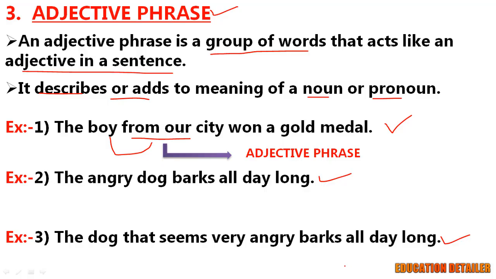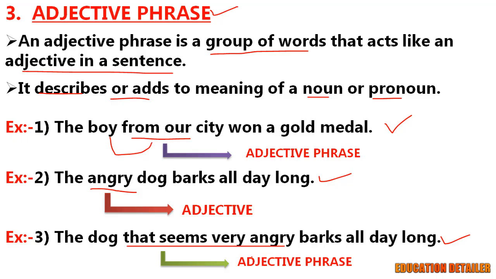Now, if you ask me what is the difference between these two sentences, the answer is that the meaning is the same in these two examples, but the first sentence has an adjective, angry, whereas the second sentence has an adjective phrase, that seems very angry, and it modifies the noun dog.